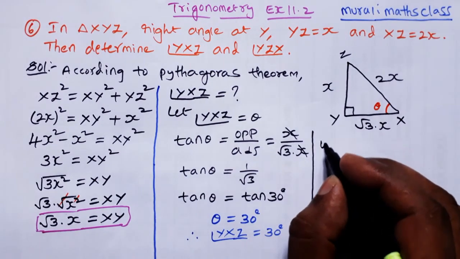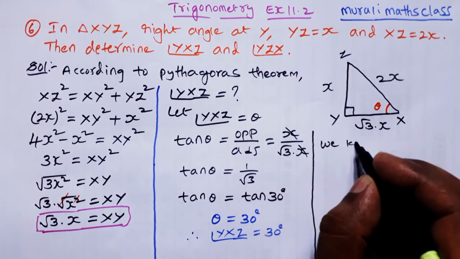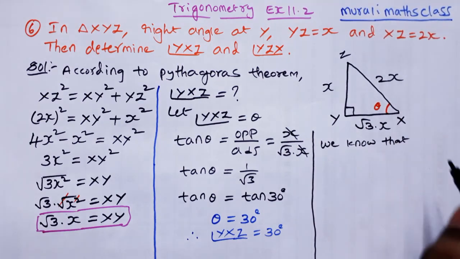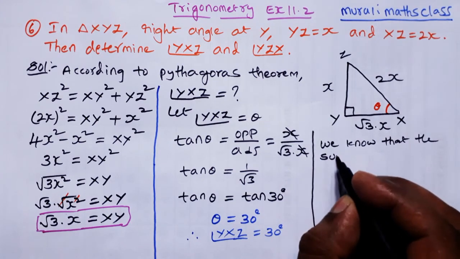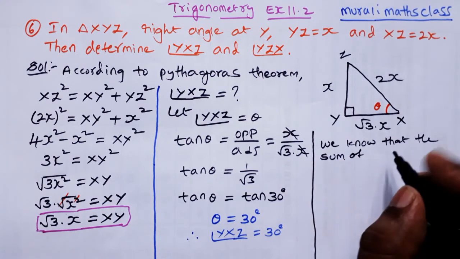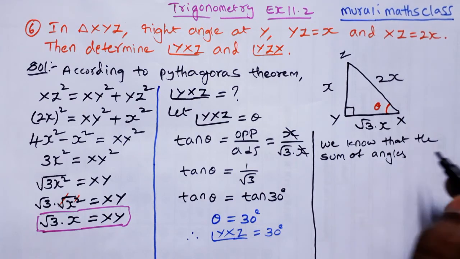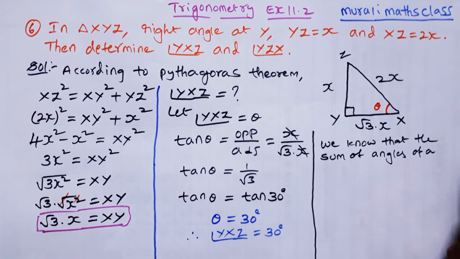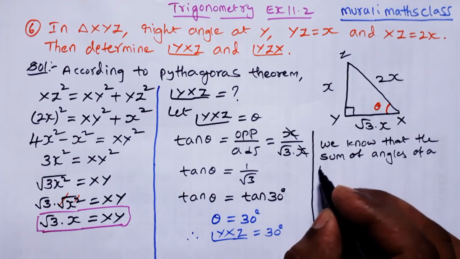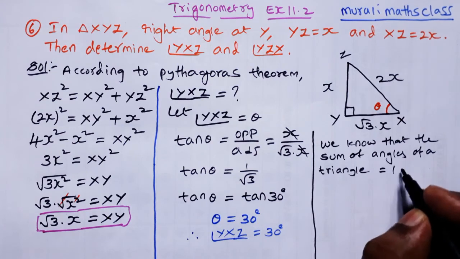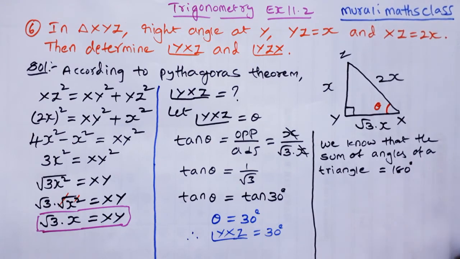We know that the sum of angles of a triangle equals to 180 degrees.